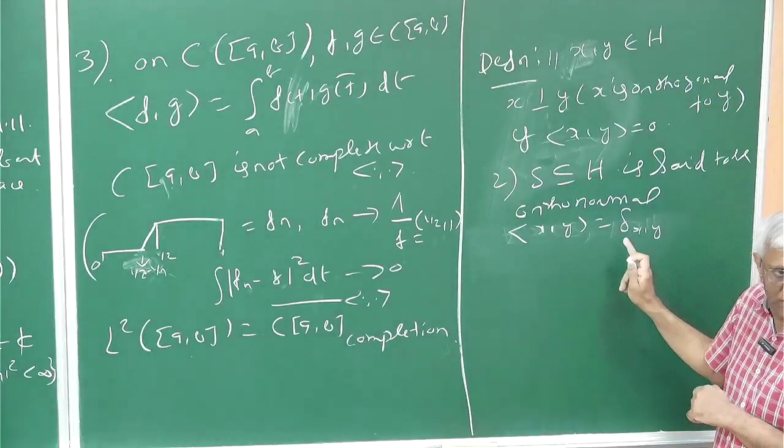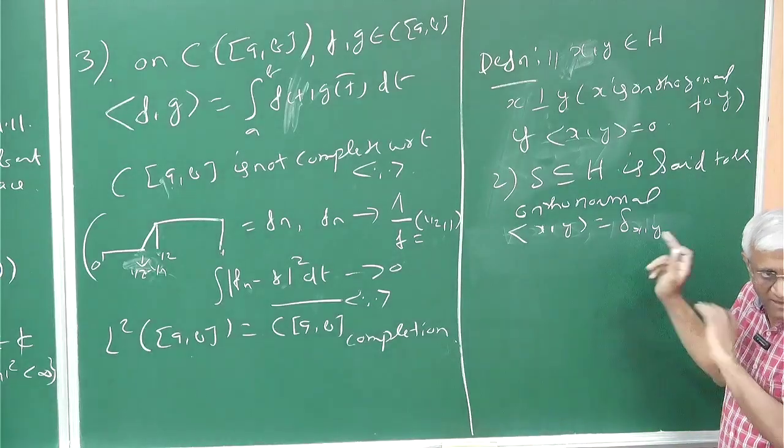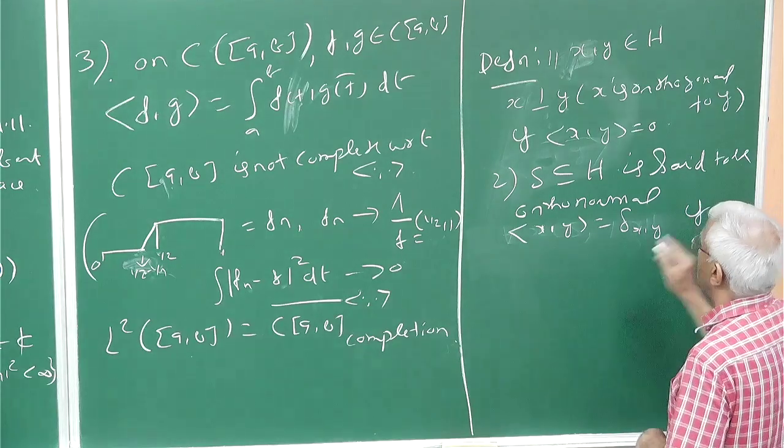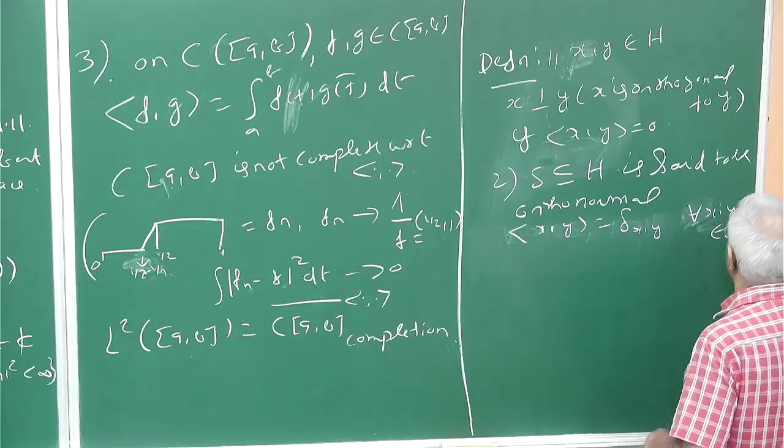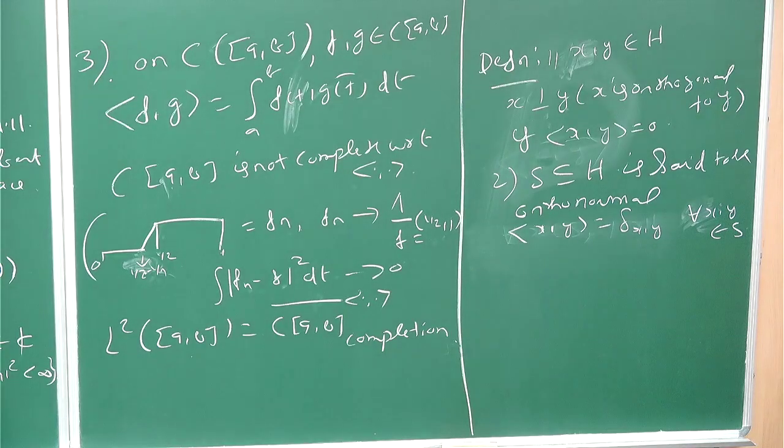You know what delta xy is. Delta xy is 0 if x is not equal to y, and 1 if x equals y, for all x, y in S. So this is what we call orthonormal.